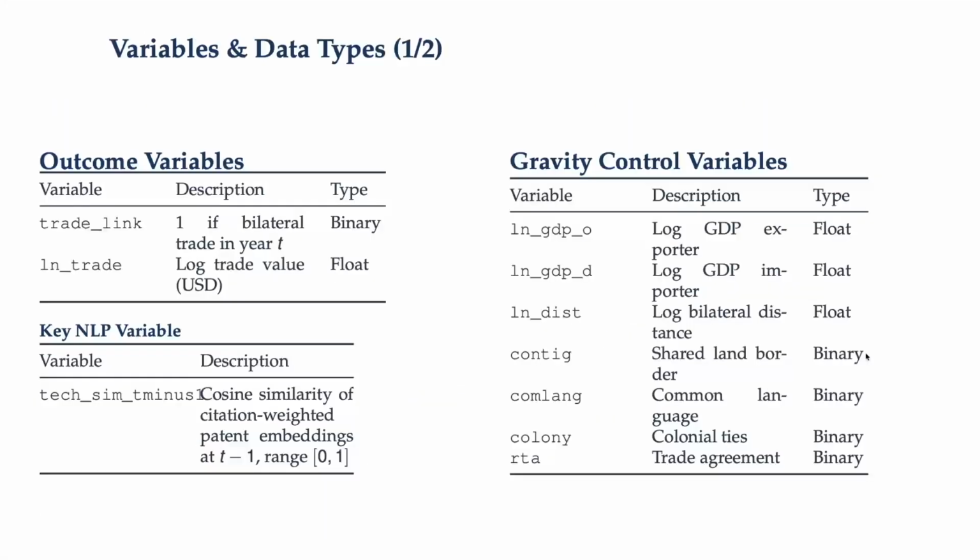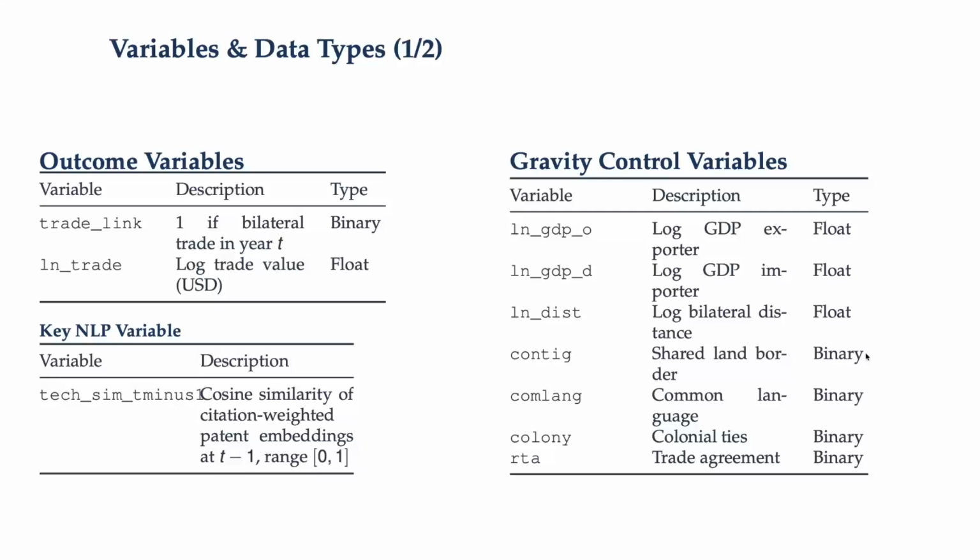As I just explained, the trade link is 1 if there is bilateral binary trade in year T. If there is greater than zero trade, the trade link is 1; otherwise, if the trade volume or trade flow is equal to 0, then it's 0. So 22% is missing as zero trade.